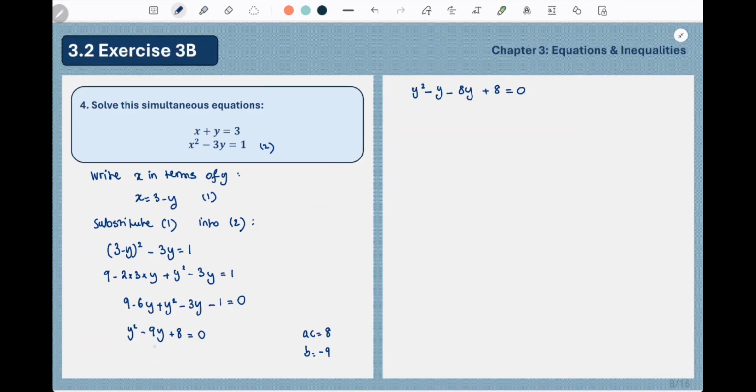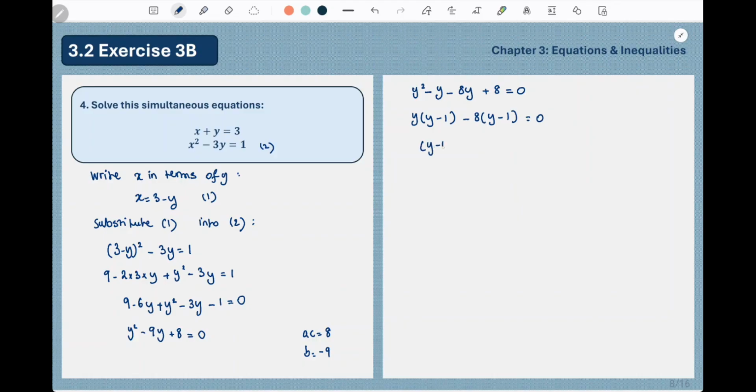As you can see, we split it in a way that will eventually give us a common factor, which you will see. This is literally the same thing, but we just split minus 9 into these two terms. So y(y minus 1), and if we factorize the rest, it is minus 8(y minus 1) equals 0.